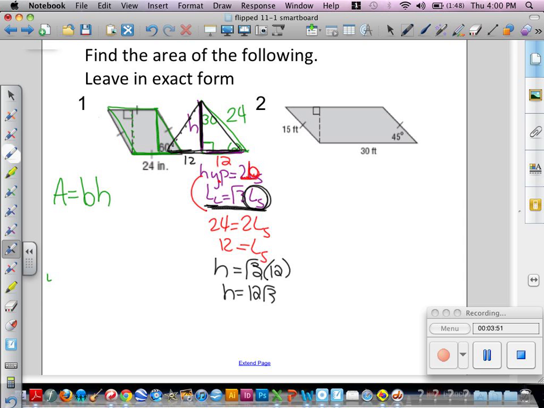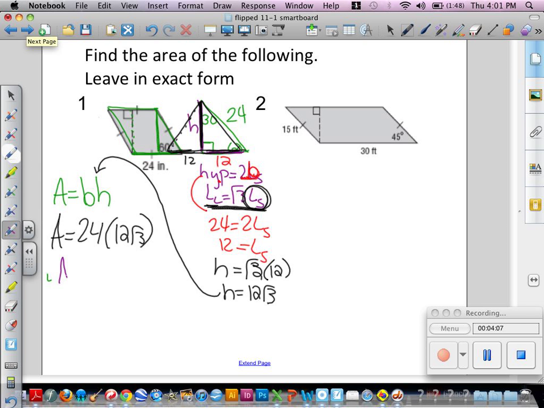Now I'm going to plug that into my area formula. Area equals your base, 24, and your height, 12 root 3. We're going to leave it in radical form. So we're going to have 12 times 24, and then we're going to have root 3. And 12 times 24 is 288 root 3.